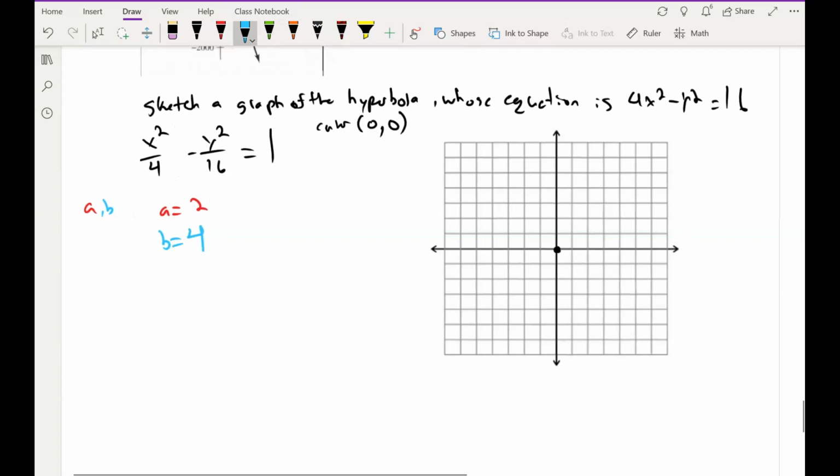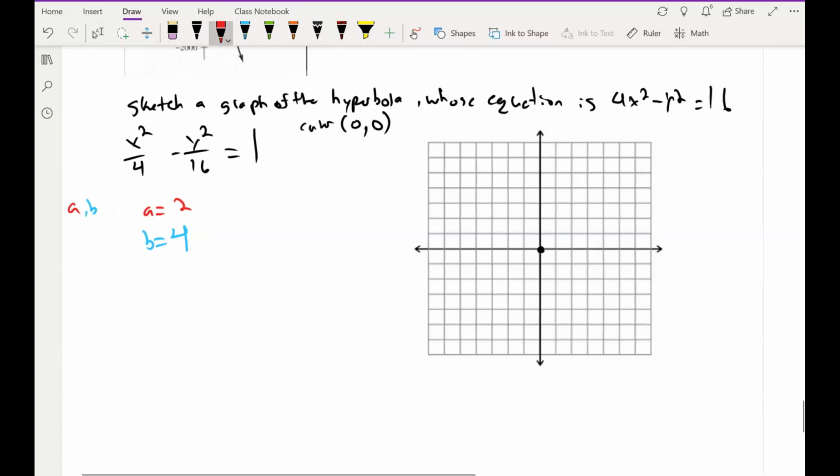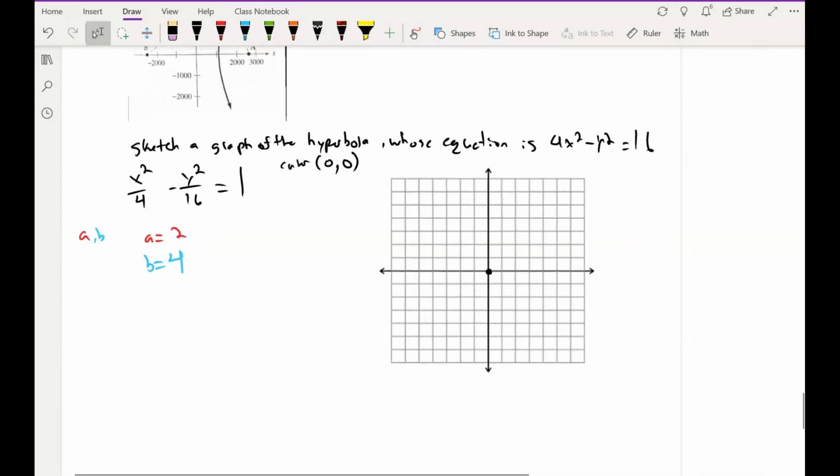Basically we start at the center and move an a distance of 2. Remember that a corresponds with the transverse axis. What's our transverse axis going to be in this problem? We have x squared over 4 minus y squared over 16 equals 1.